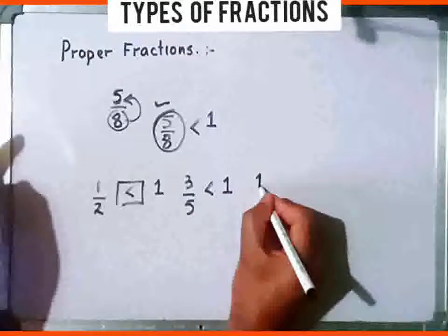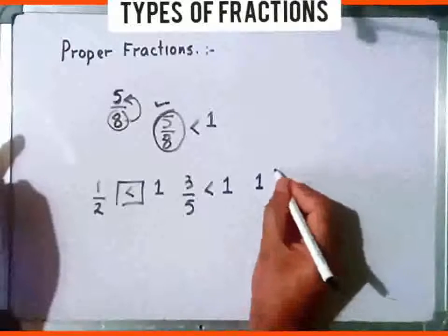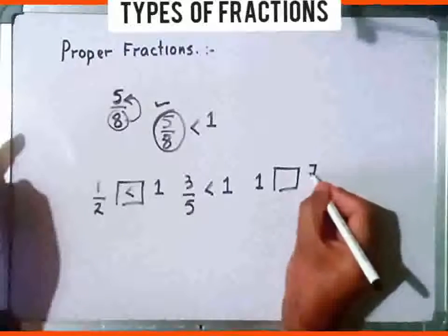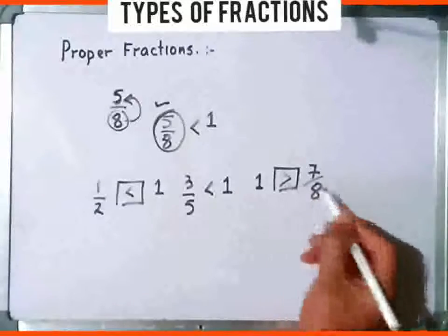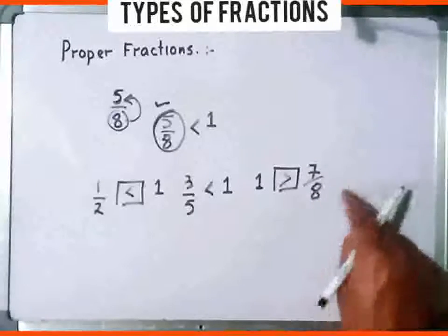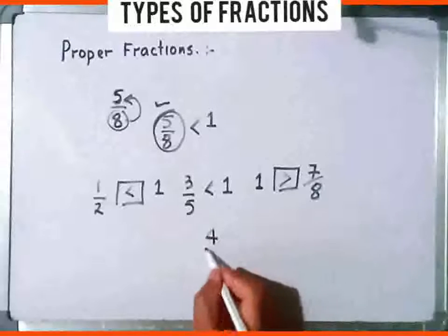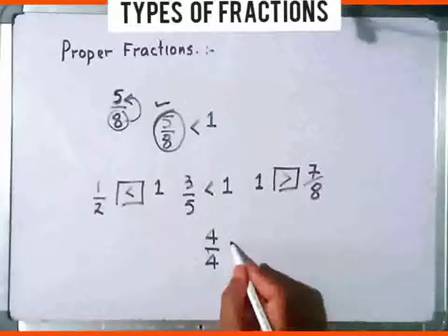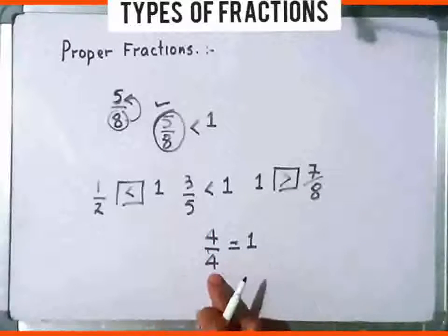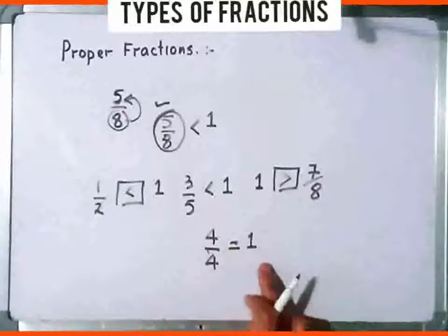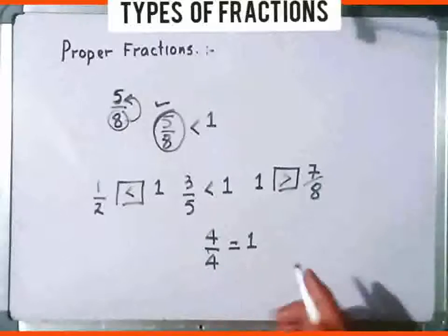Then for example here 7 by 8. 1 is greater than this because the denominator is larger than the numerator. Then 4 by 4: here numerator and denominator are the same, so this is equal to 1. When the numerator and denominator are equal, this fraction is equal to 1 whole.